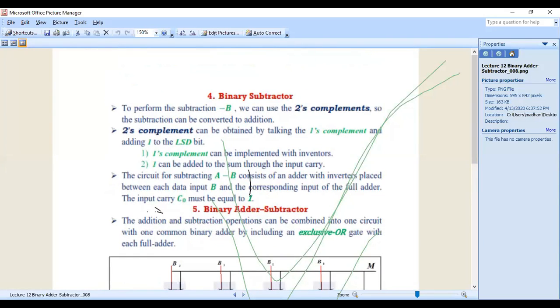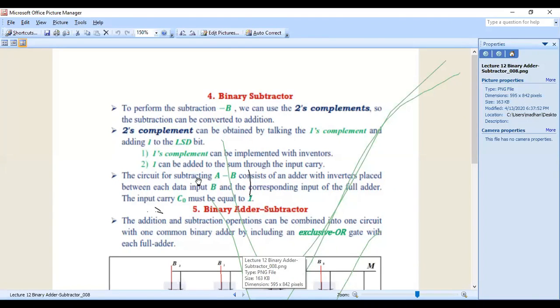Already we discussed in the first unit, that is the binary number system. In the binary number system, we have to discuss subtraction, right? Take the two values and perform the subtraction: take the 2's complement of the subtrahend and add it to the minuend.